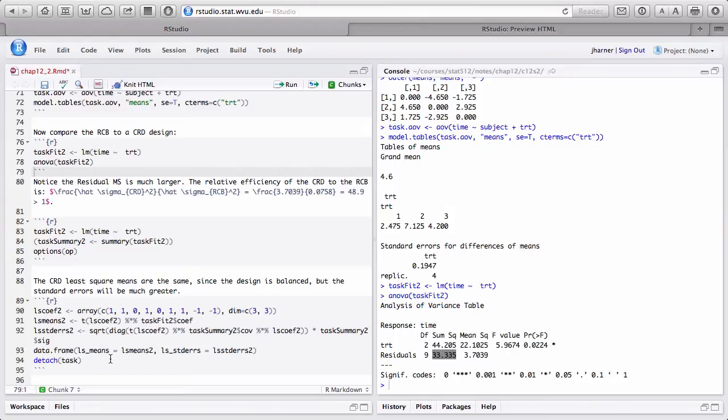The point I want to make about the block design is that it can be very efficient because it can pull out the variation due to the blocking factor, and it gives you a cleaner estimate of the error term. That's part of what we call experimental design, and a block design is a key design. A lot of times in a medical situation, it may be called matching.